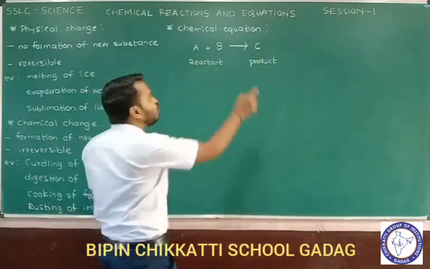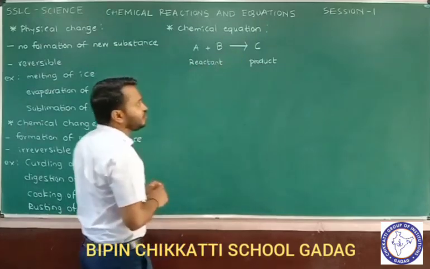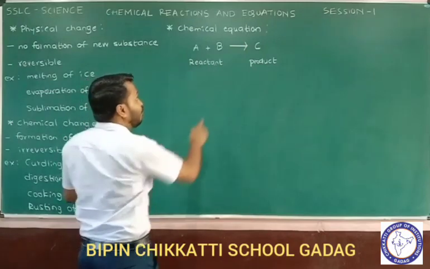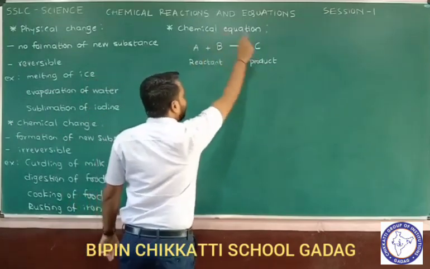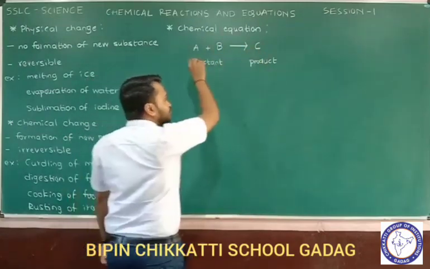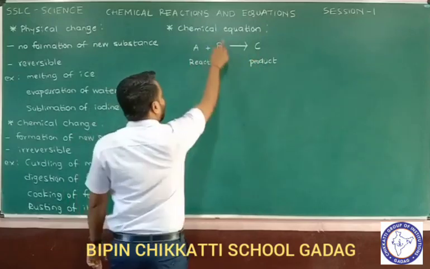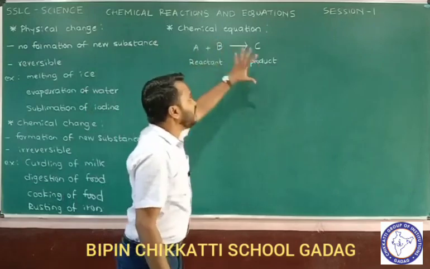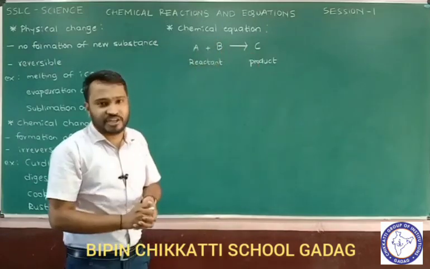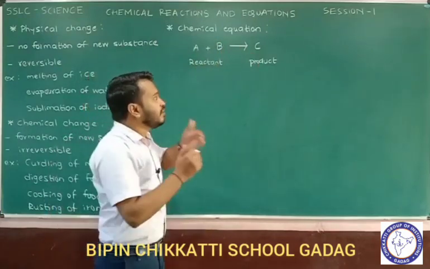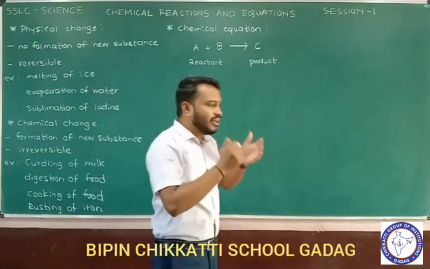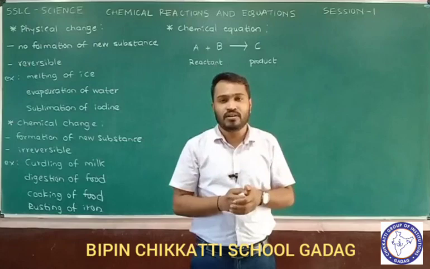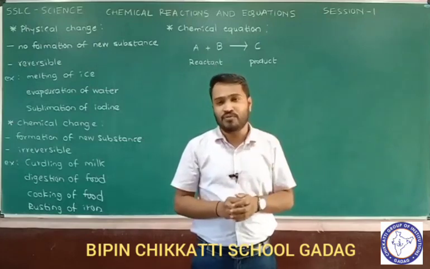Now you ask, what does this arrow mark stand for? This arrow mark pointing towards the right hand side stands for: from A and B you are going to get C. This is how we show it. So from A and B you are going to get C, and this is how we write the chemical equation.